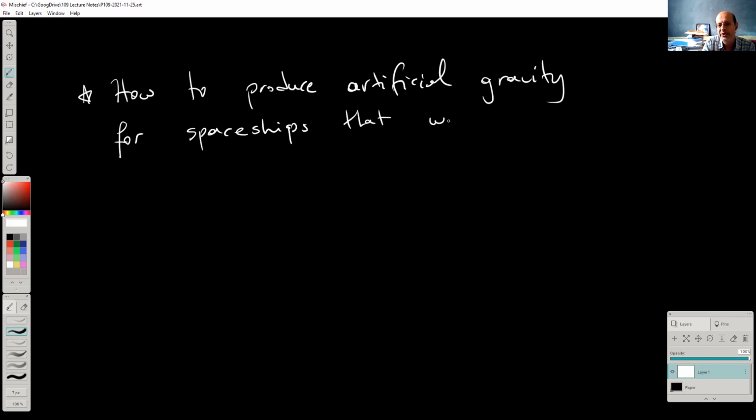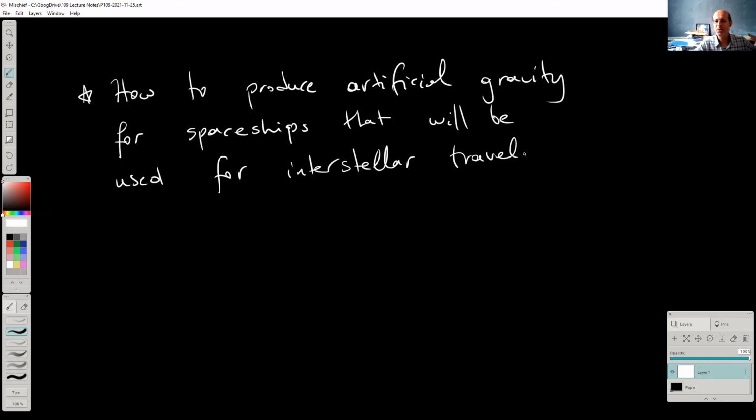That will be used for interstellar travel, right? We are going to do this, right? We are going to go to the distant stars by spaceships. So how do we produce it? By spinning.